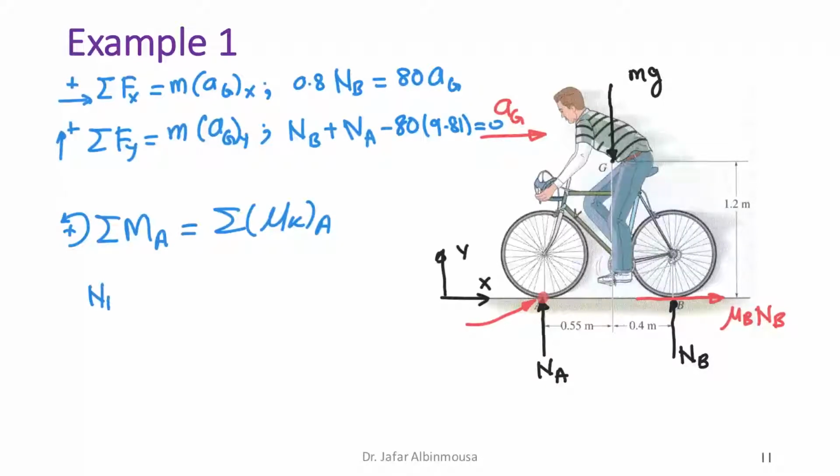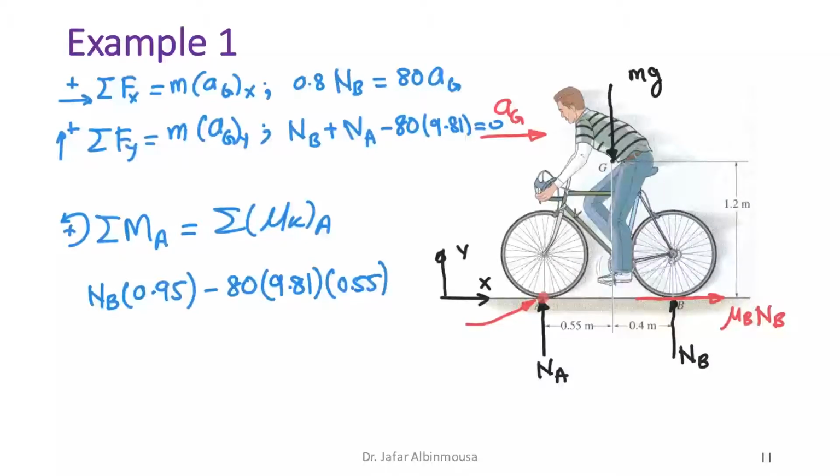So what I will have is N_B multiplied by 0.95 minus 80 multiplied by 9.81 multiplied by 0.55.